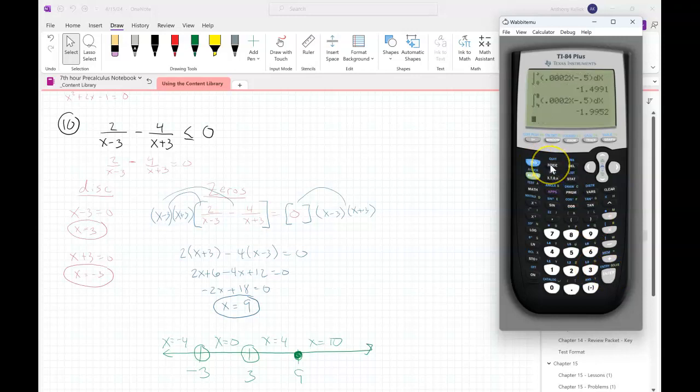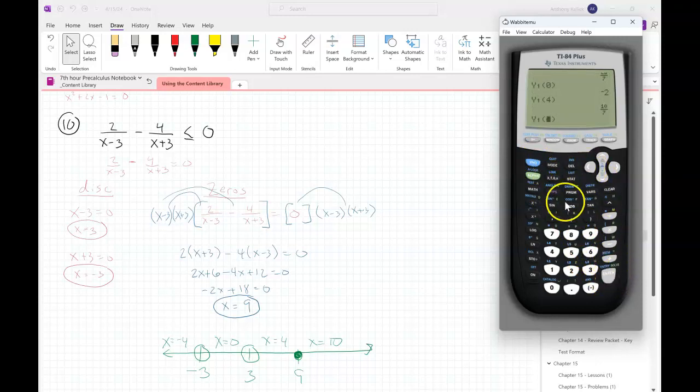And I'll exit out of there. And then I'm going to use that y1 command. So I'll do vars, yvars, function y1. And I'll do that of negative 4. I get a positive. I do that for 0. I get a negative. I do that for positive 4. I get a positive.